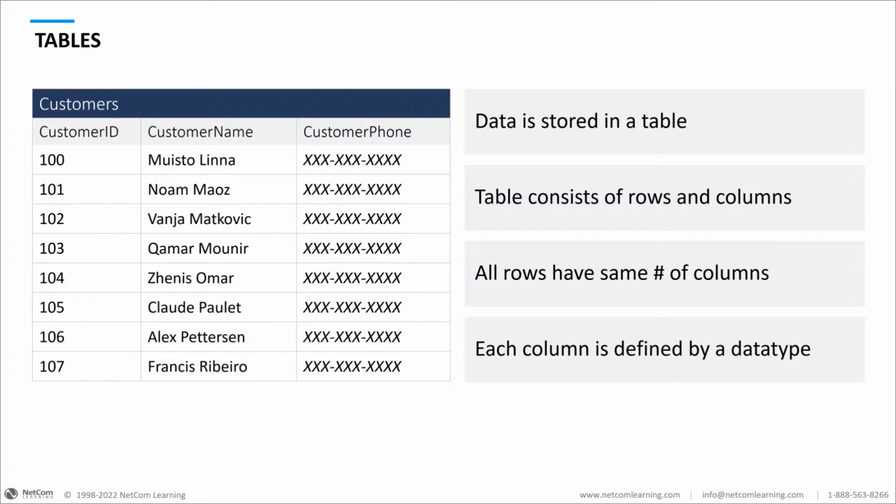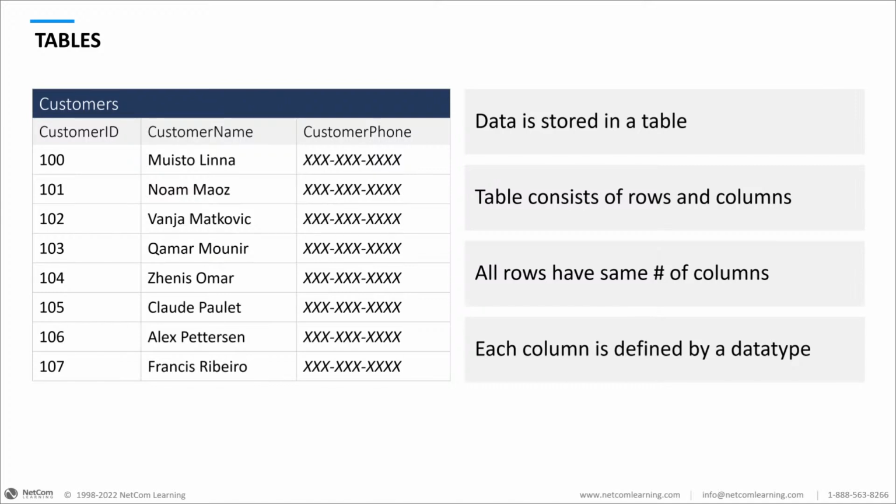Okay, and I want to put in as an example Zenis Omar's address, right? So when I go to enter Zenis's information, even though the form that I'll be using on the screen has all of the fields to contain that information, when it gets written to the database, it gets separated out.